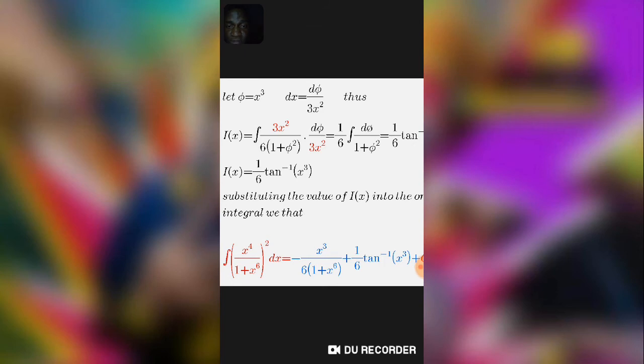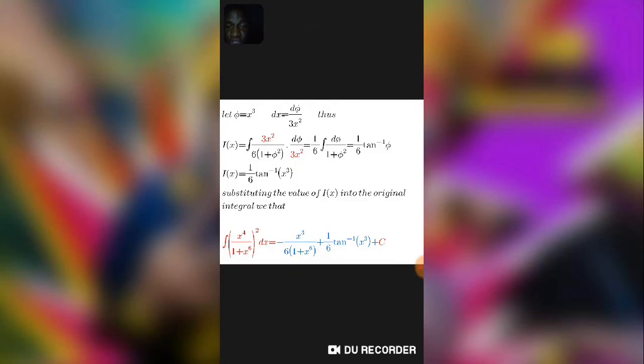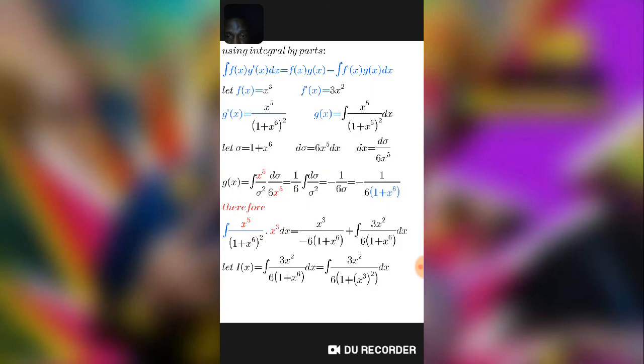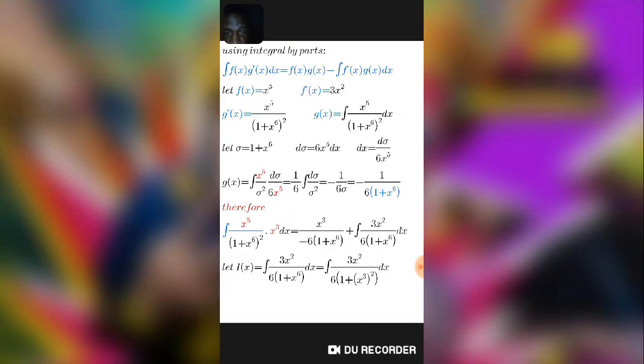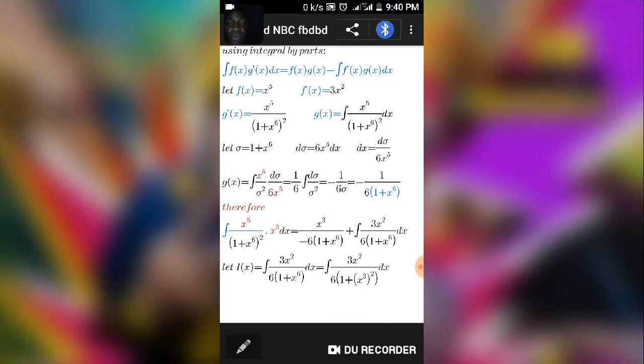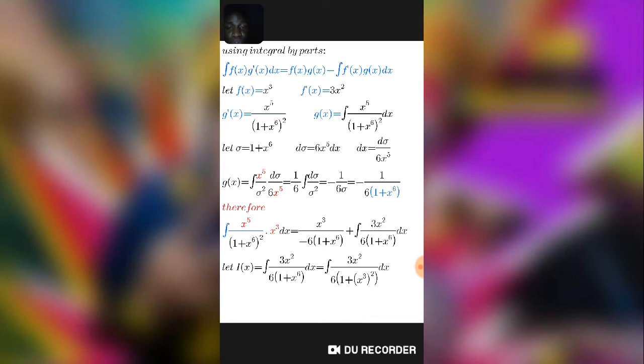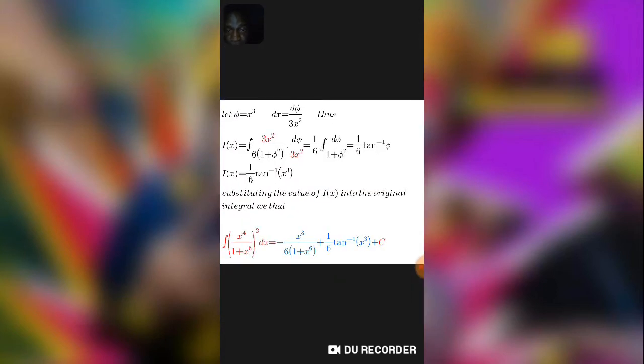So substituting this value of I of x into our original integral, which was this, of course, I said we let I of x equal to this. So the main integral now will be equal to this plus I of x. We found that I of x, which is this integral, is equal to what? 1/6 times tan inverse of x to the power 3.